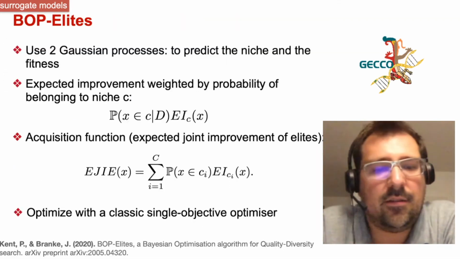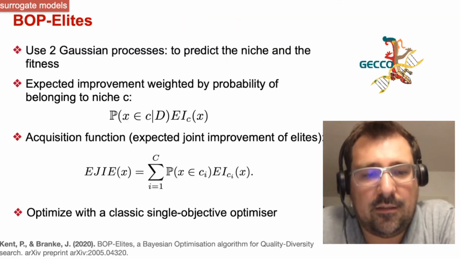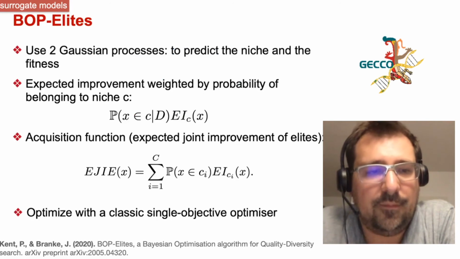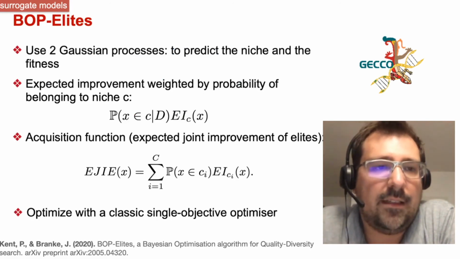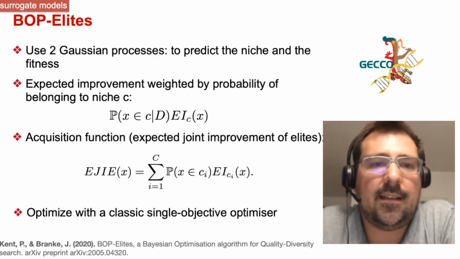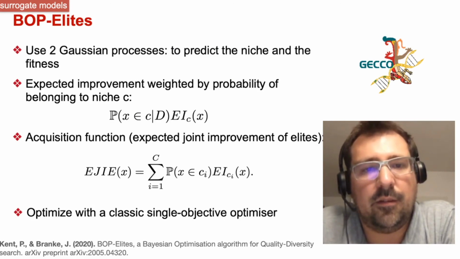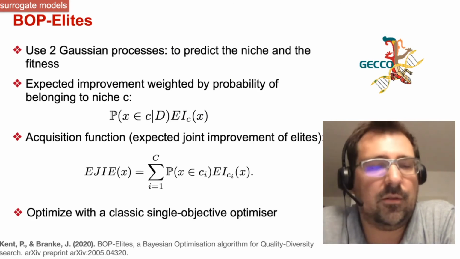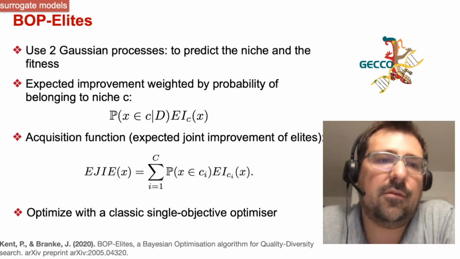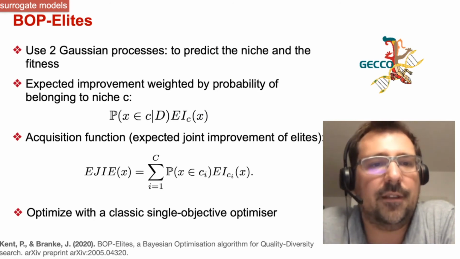Another paper that was just submitted, but I guess will be published soon, is what they call BOP-Elites. So in that case, they also use a surrogate model to try to solve the quality diversity problem, but they use two Gaussian processes, one to predict the niche and one the fitness.